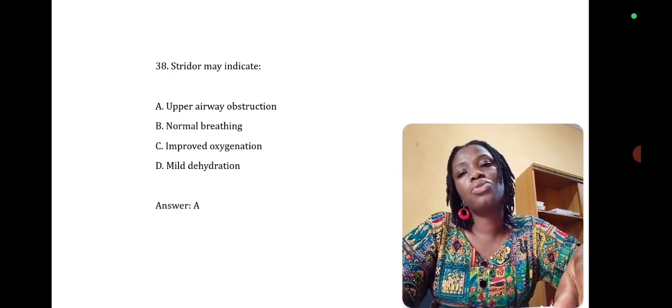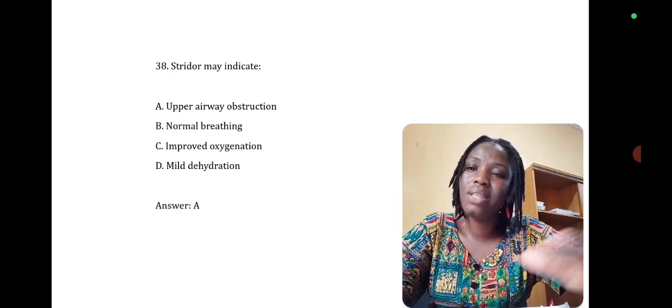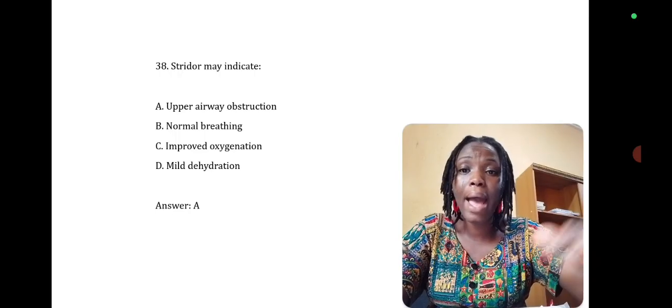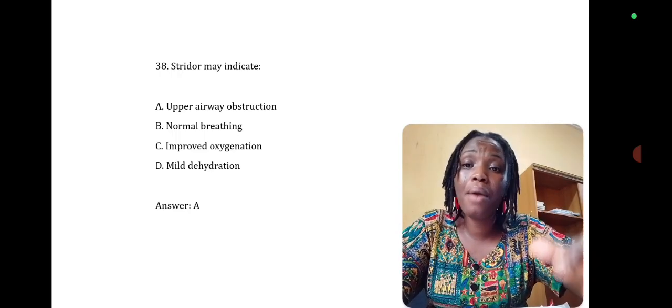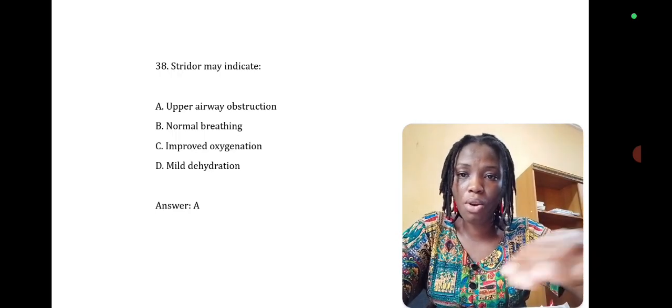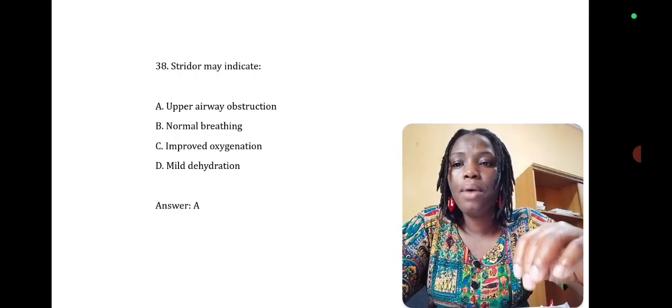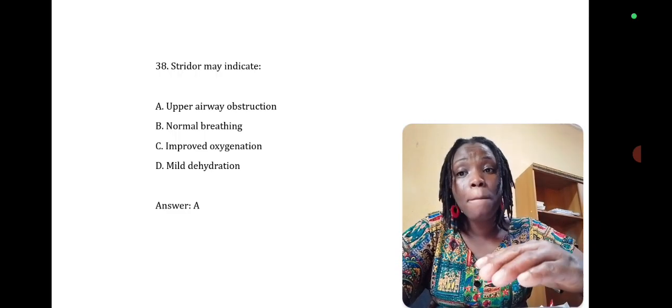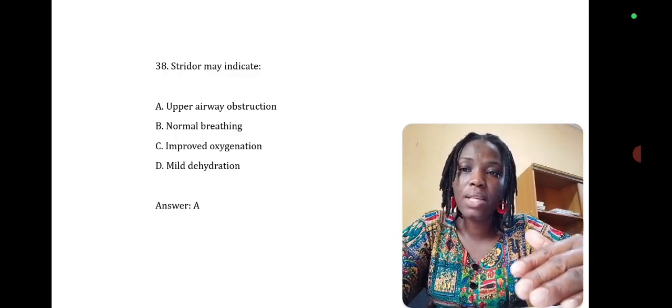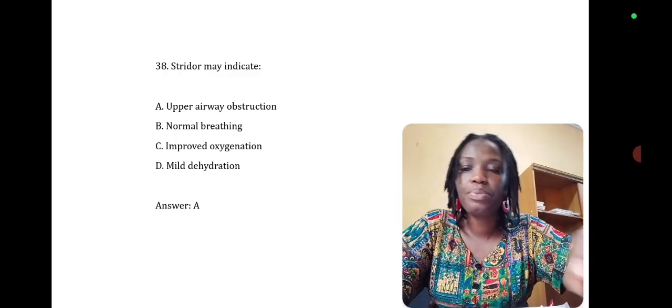Stridor. They say stridor may indicate an obstruction of the upper airway. The upper airway is the nose, pharynx, larynx. From the trachea down is lower. So obstruction of the upper airway is stridor.